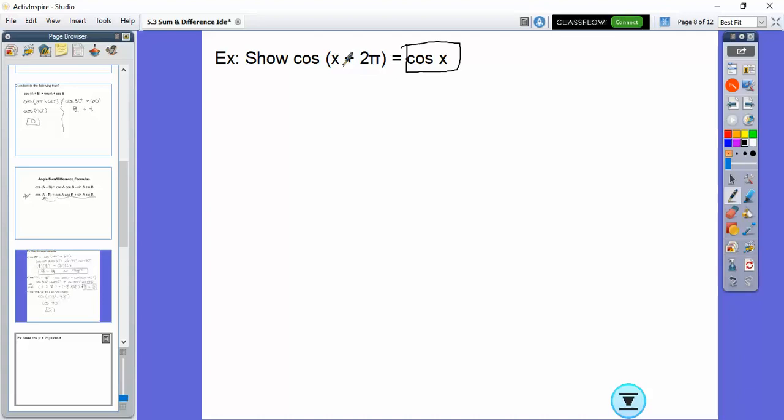Well, we can't just distribute though, we have to use the formula. So it's cosine of the first, cosine of the second, minus sine of the first, sine of the second.